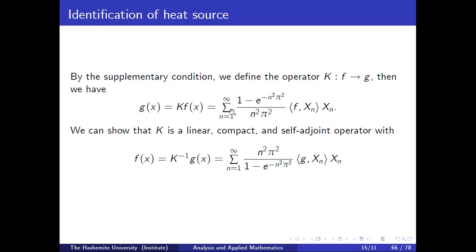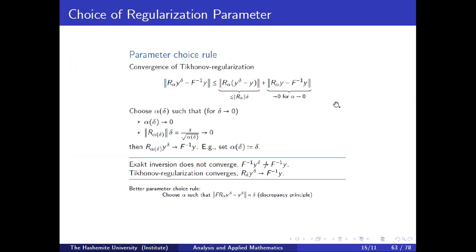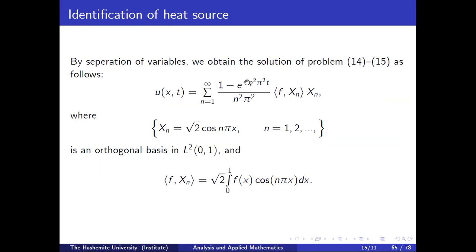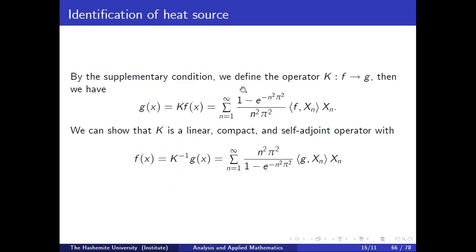We get this condition from this one: we just go and replace t by 1 here. So here we will get Kf of x, this operator, which depends on f. So this must equal g of x.